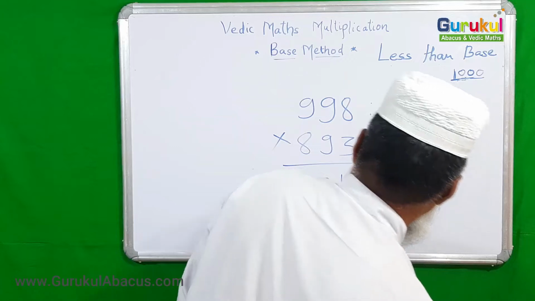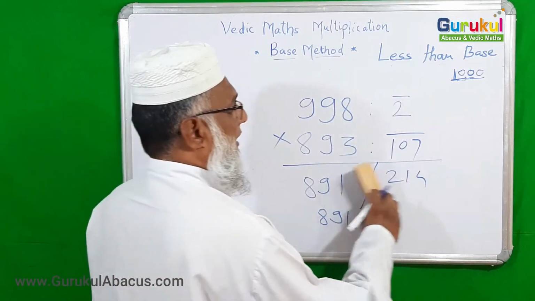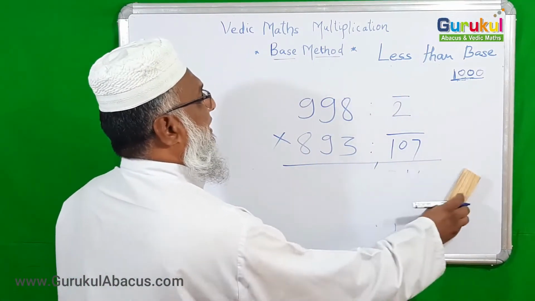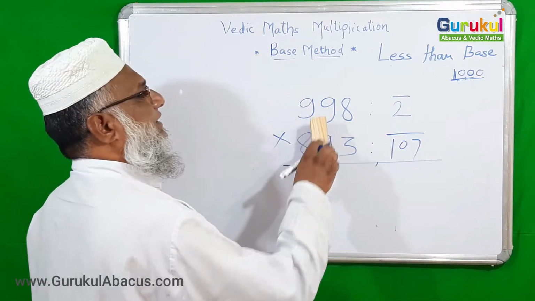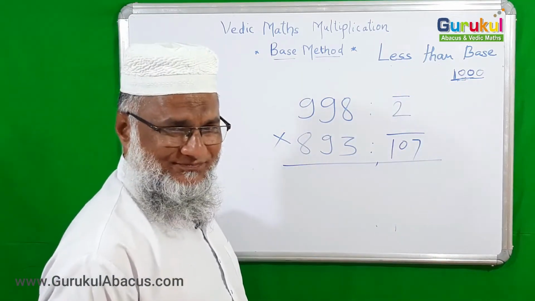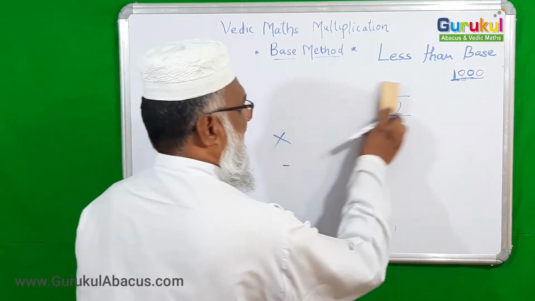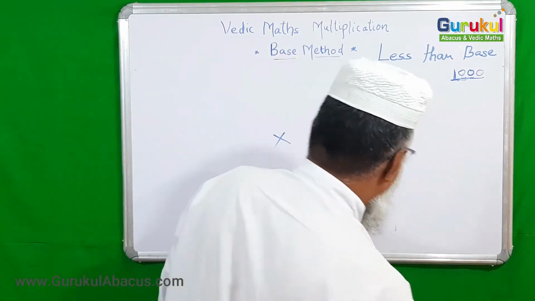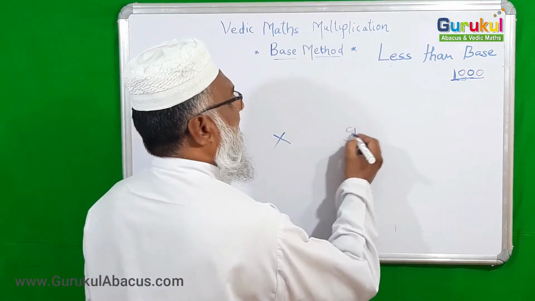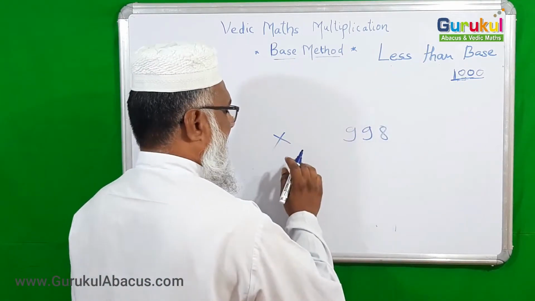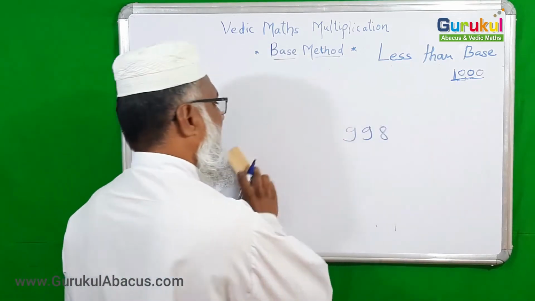Okay, I just told you how we can mentally subtract a given number from the base. For that we are learning one simple trick of subtraction. Here the number was what? 998, and our intention was what?